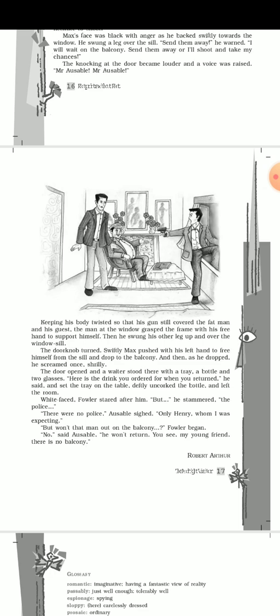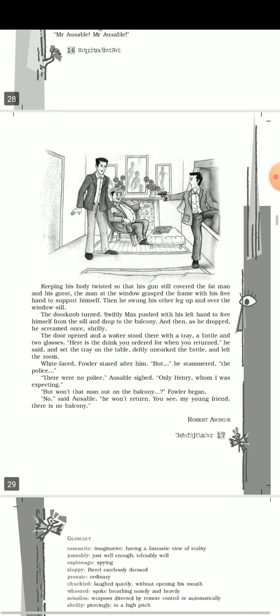So as he had ordered wine, there was no policeman at the door like the one who was knocking repeatedly. In fact, the waiter was there. He had come to serve wine to both these persons, right? And then what happened? He left the room after serving the bottle, right?